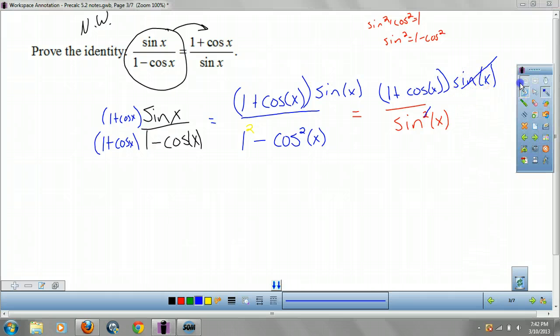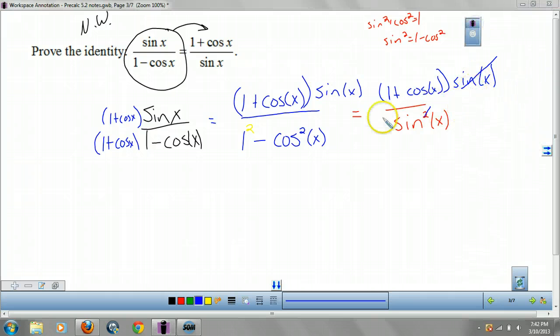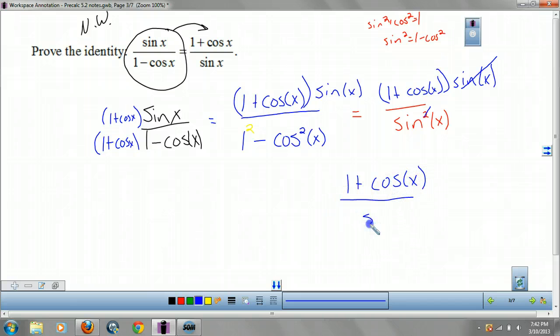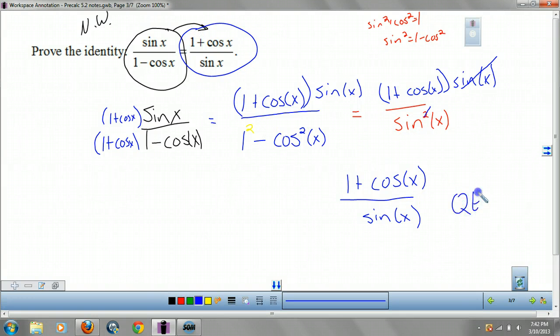Get rid of one of the sines and you're left with 1 plus cosine of x over sine of x, which is our right hand side. So it's our proof. That's it. QED. We got from our left hand side to our right hand side, and that's all you have to do. That's a proof.